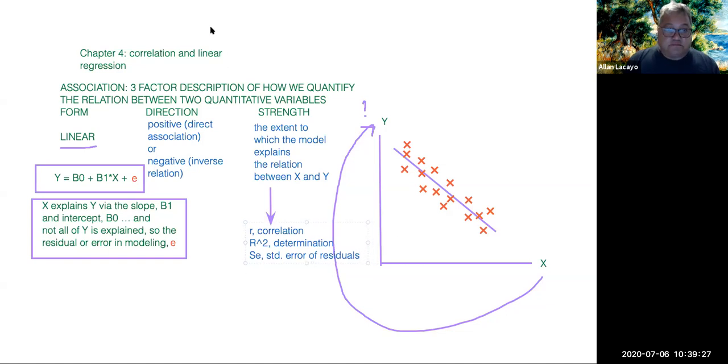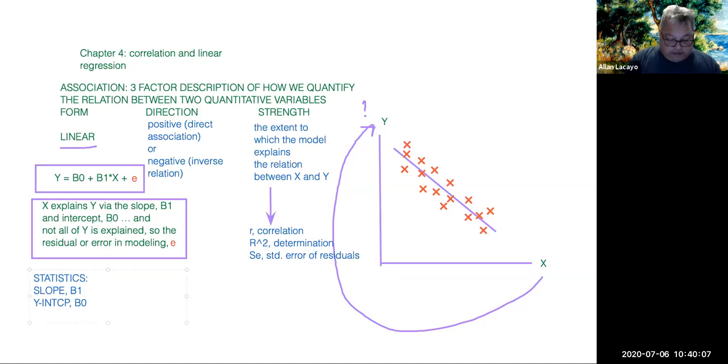So all in all, the statistics that we study in chapter 4 are the slope of the regression line, connecting linearly x and y, the y-intercept, which is what value the variable y assumes independent of x, that is when x is not a factor, when x equals 0.